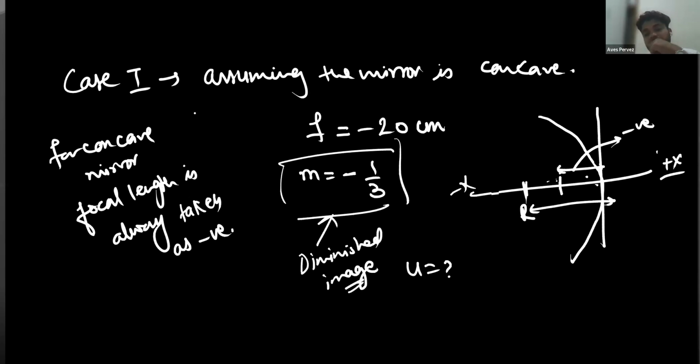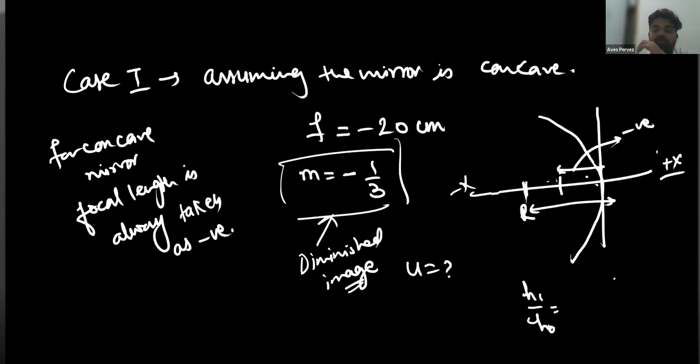Sir, magnification is minus v by u, right? Yes, minus v by u. But here the question is given, and that is also equal to height of image upon height of object.